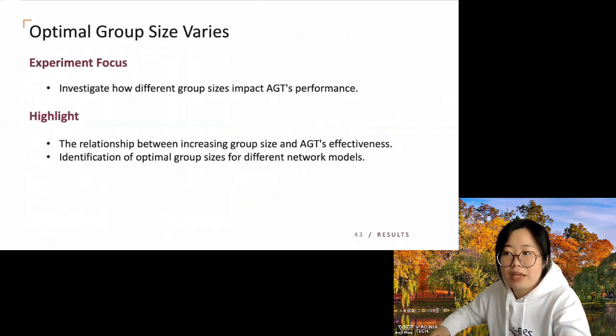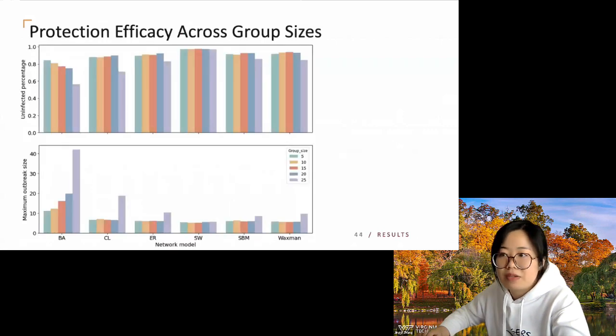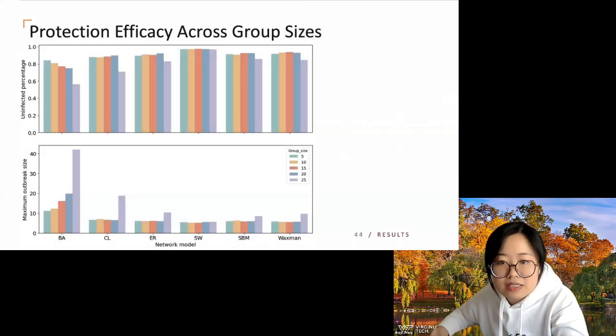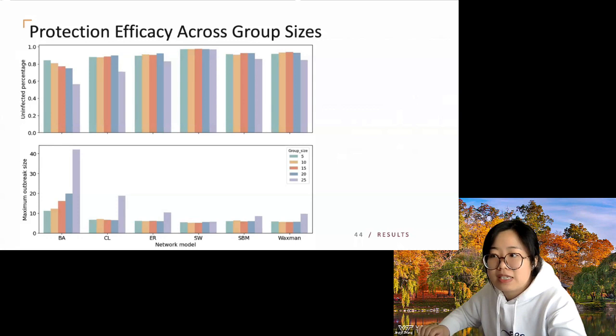Additionally, we compared the performance of AGT with 5 different group sizes ranging from 5 to 25. As shown in the plots, when the group size increases, the strategy's performance does not keep improving. The optimal group size varies slightly across network models instead.